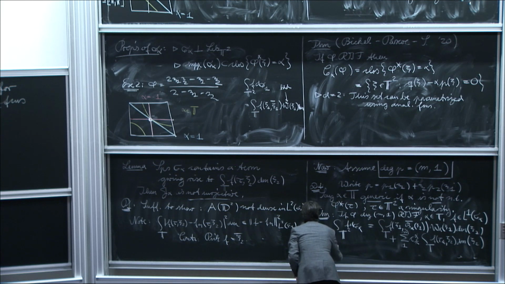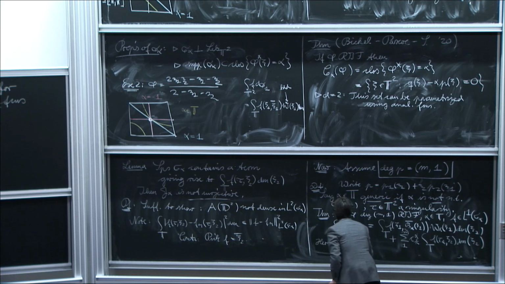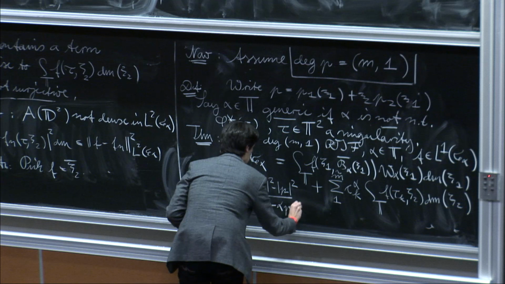W alpha, for instance, let me give you the formula, is |P1| squared minus |P2| squared, divided by |P1 minus P1 tilde minus alpha |P2|| squared.